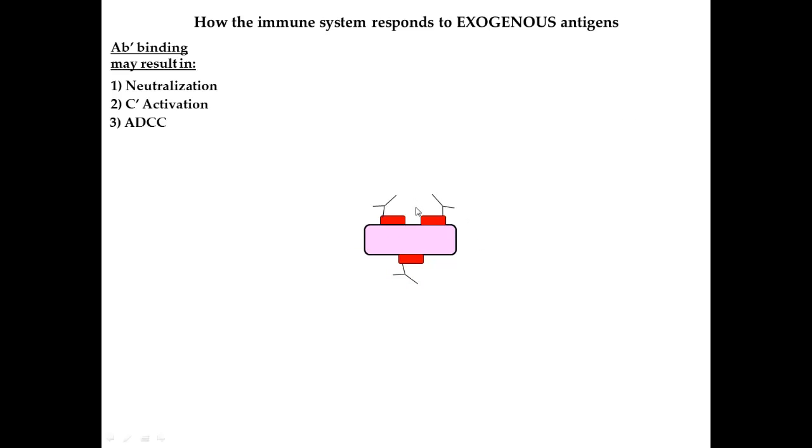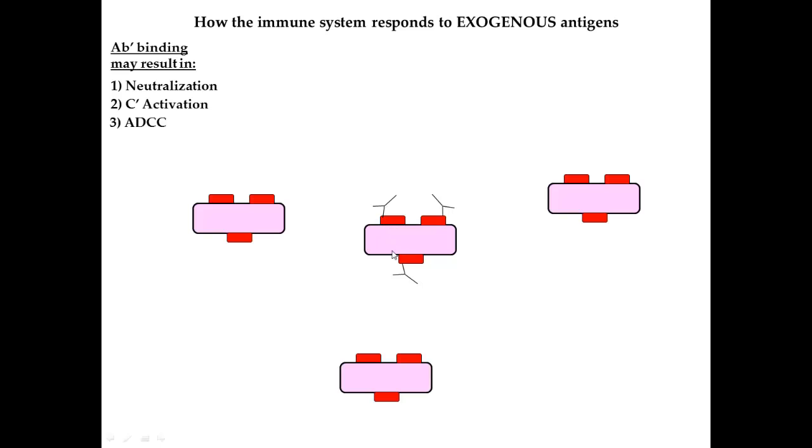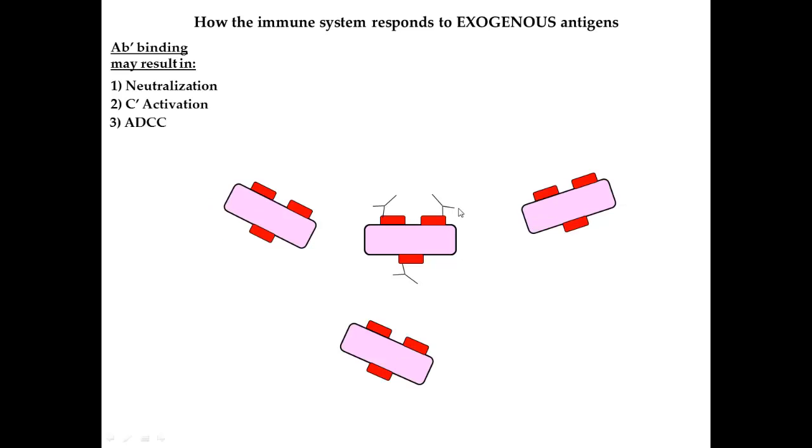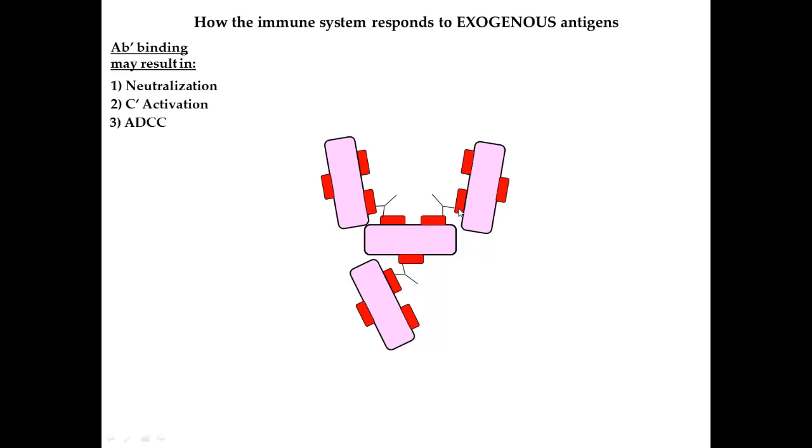The fourth thing that can happen when an antibody binds to a bacterial cell is that sometimes one branch of this antibody will bind to its respective epitope on one bacterial cell, and this other antigen binding site will bind to another bacterial cell. This causes those bacterial cells to clump together.